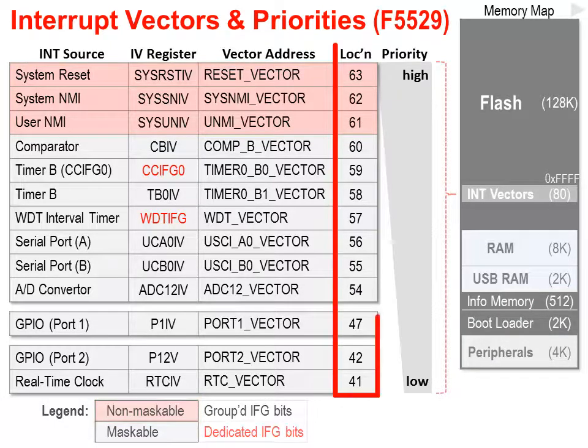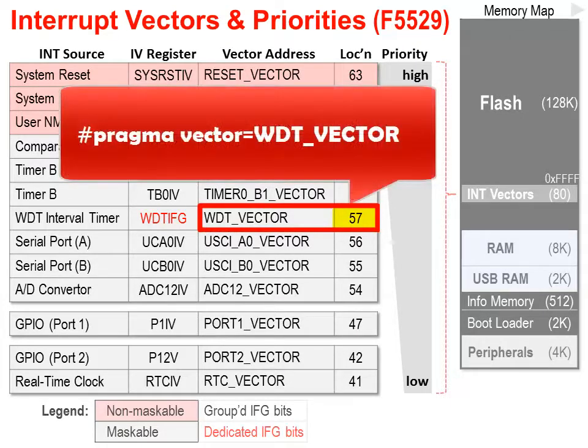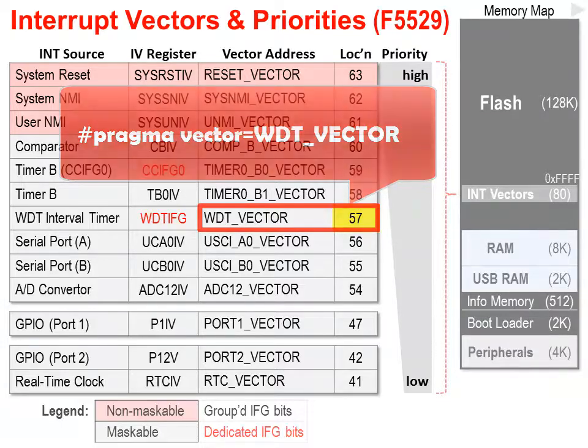The final column in this diagram hints at the location of each interrupt's address vector in the memory map. For example, when using the watchdog as an interval timer, you would put the address of your ISR into location 57. As we saw previously, this can easily be done using the vector pragma, and you don't even have to know that it's number 57.